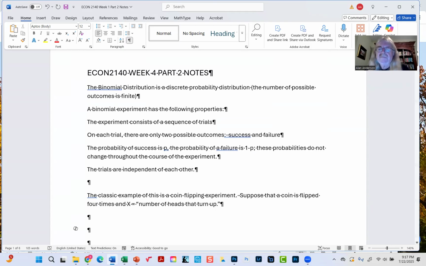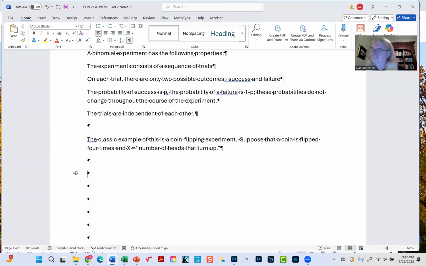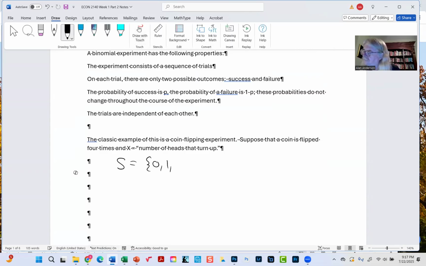Now that means that when we flip the coin, there's anywhere from 0 to 4 heads that can turn up after we flip the coin 4 times. So X can be anything from 0 to 4. The sample space of this experiment would look like this, where those numbers represent the number of heads.